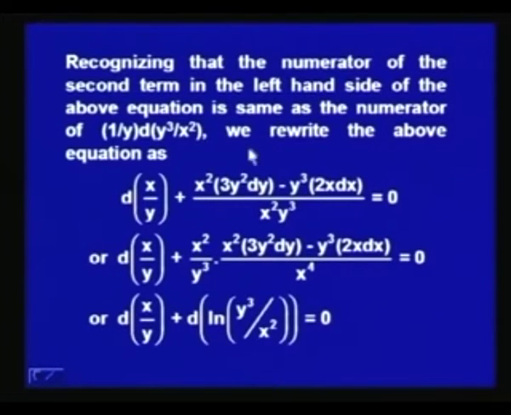Now let us note that the numerator of the second term in the left hand side of the above equation is the same as the numerator of 1 over y into the differential of y cube over x square.